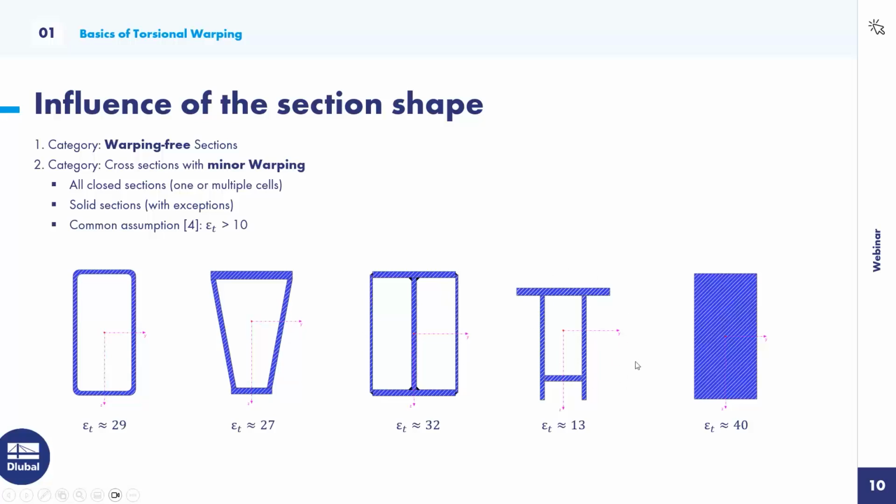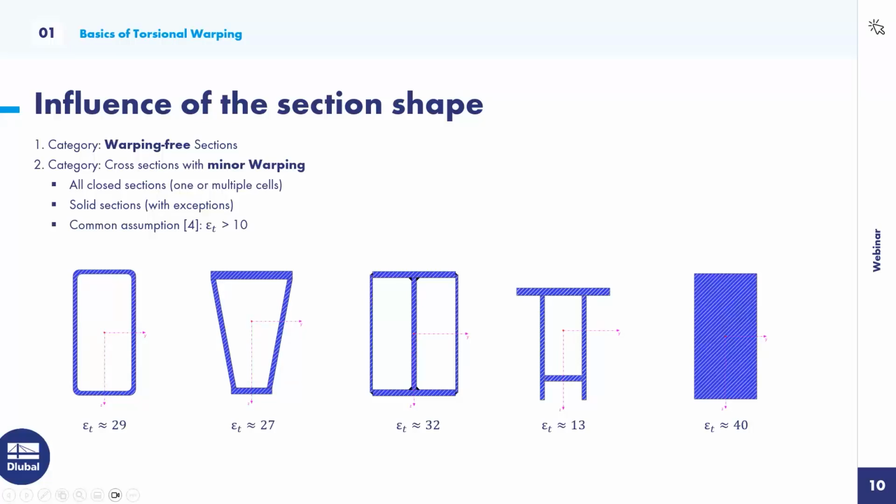We have some hybrid sections, a box section with some unrestrained parts, but still in this case the member constant would be greater than 10. And we have a solid rectangular section with a height to width ratio of 2. So for timber or concrete design, where we have mostly such profiles, we can safely say that warping does not play a major role because the member constant is quite large here.